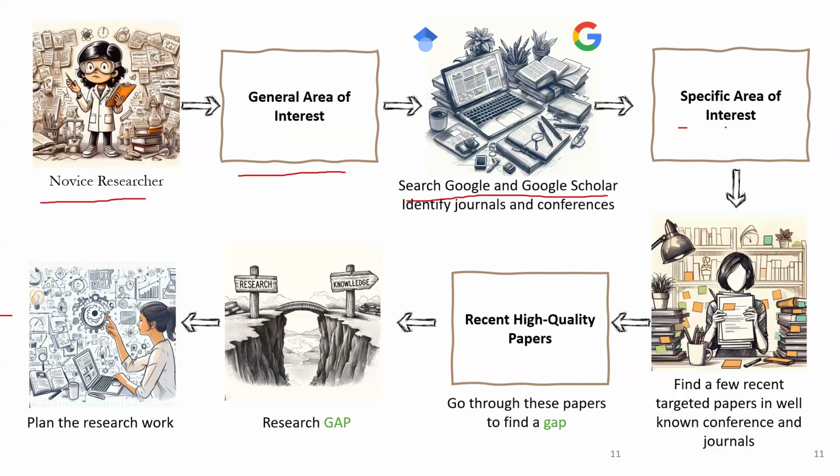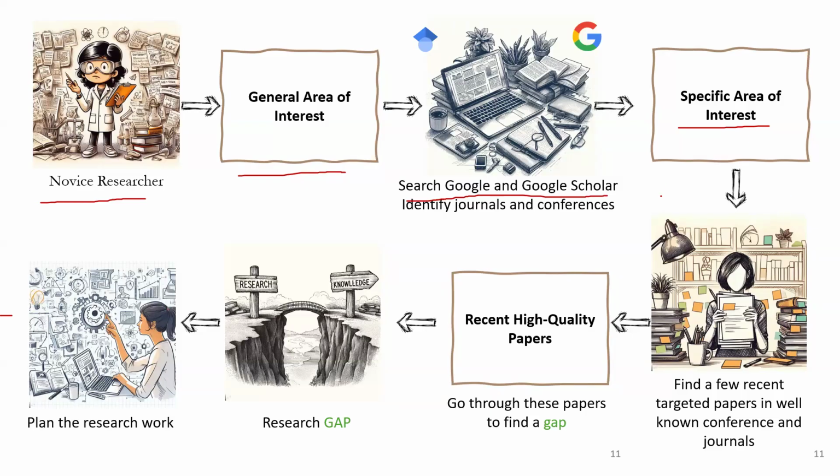Then hopefully you'll be able to lock in onto a specific area of interest. But in many highly researched fields, even within these specific areas, there are sub areas to which we can pay our attention. So it is very important to find that very specific area of interest.